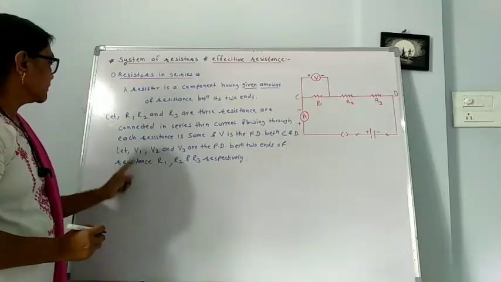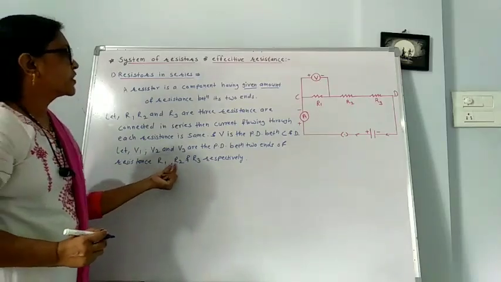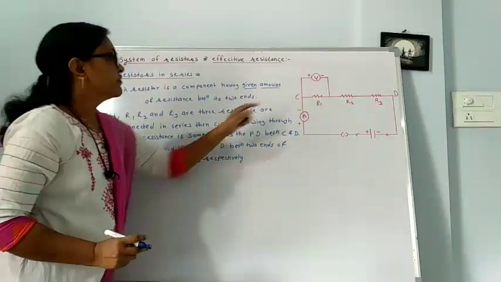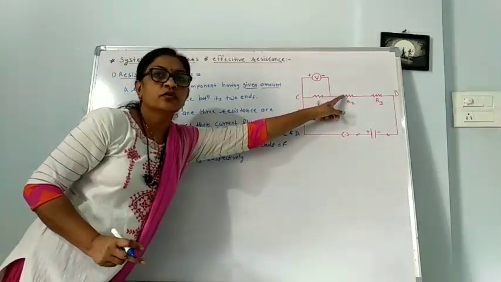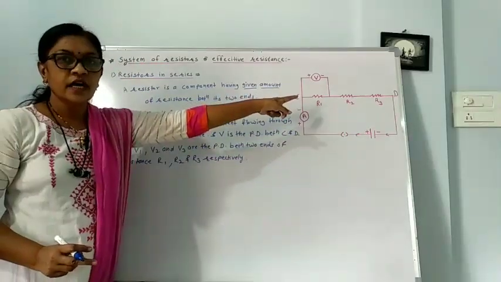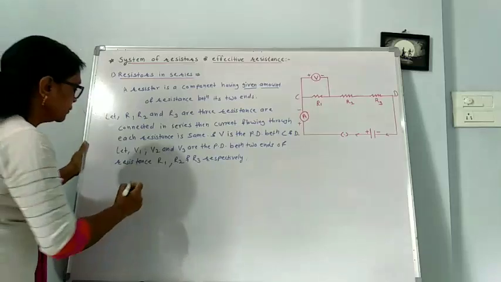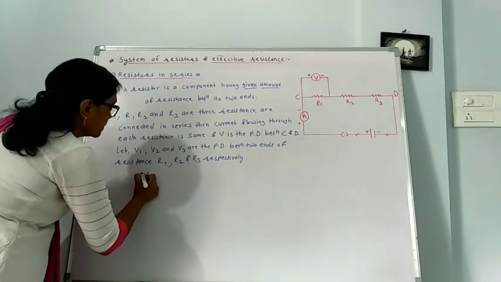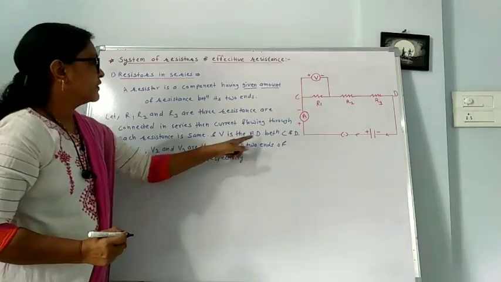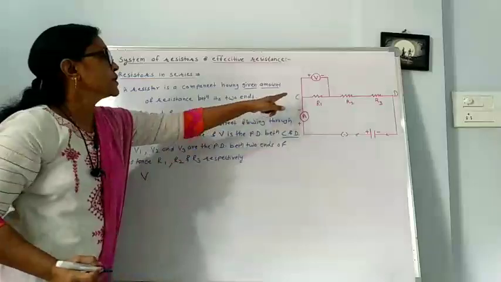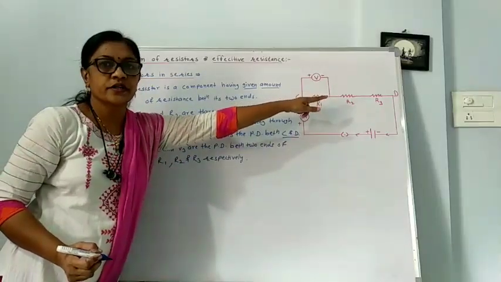Respectively means V1 is the potential difference between the two ends of R1, V2 is the potential difference between the ends of R2 and V3 is the potential difference between the ends of R3. So total potential difference V means the potential difference between the ends C and D. Find C and D is the total potential difference.